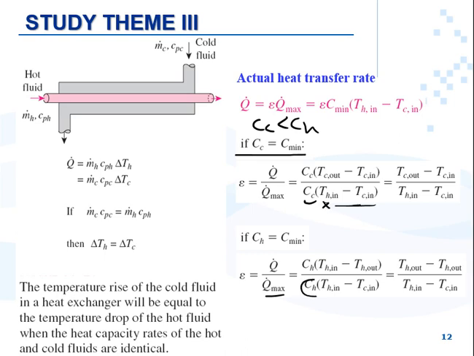The only thing that changes is that here we need to put the minimum heat capacity rate, and in this case, because Ch is lower, Ch will be C minimum, but on top the business is as usual, Cs delta T H, or delta T C. Okay, so I think it was very simple.